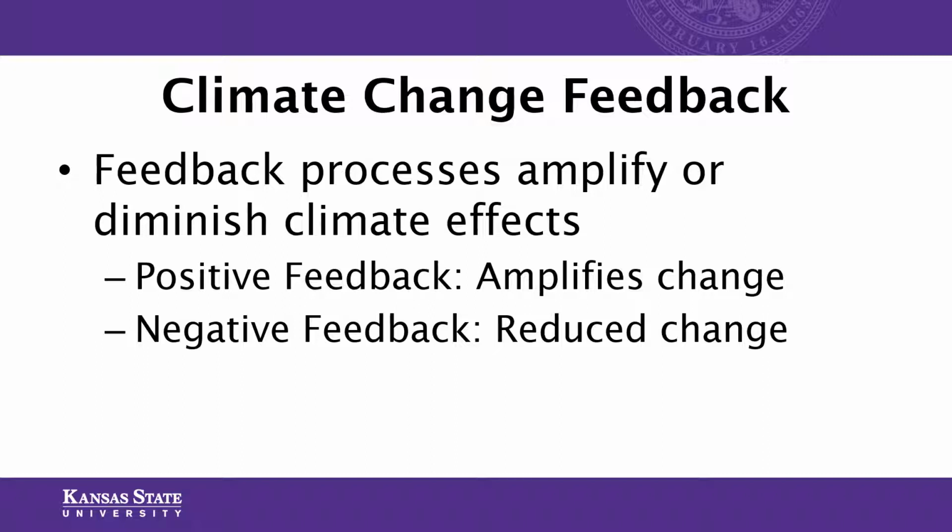So we have all sorts of feedback, not just related to climate change. Feedback in general is the process in which changing one quantity changes a second quantity, so cause and effect essentially. And then the change in the second quantity in turn changes the first quantity. Positive feedback amplifies the change in the first quantity, while negative feedback reduces the change.